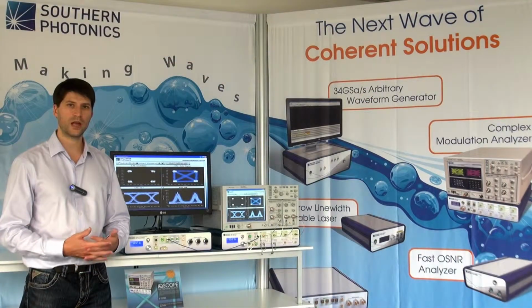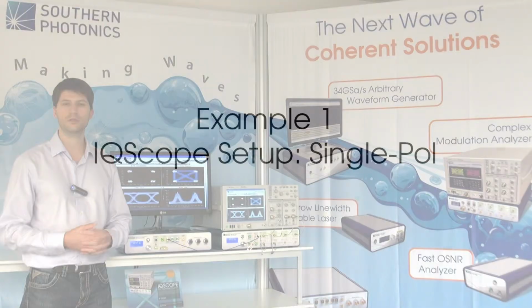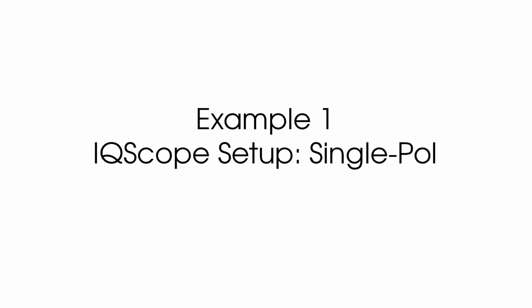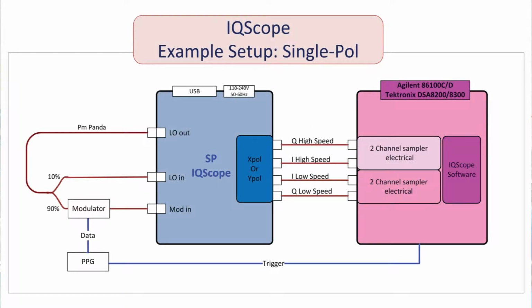So in this first slide, we're showing a typical single pole configuration. As you see here, the local oscillator originates from the IQScope, and is passed into a 10/90 splitter. The 10% path of the local oscillator goes back into the IQScope, and this functions as our local oscillator input, or our laser input.